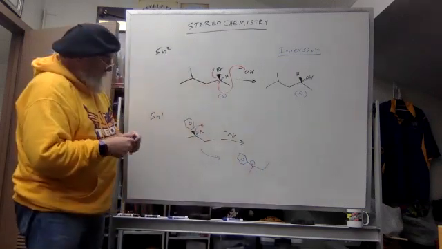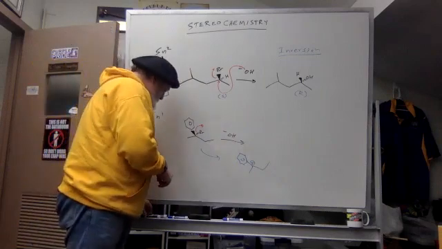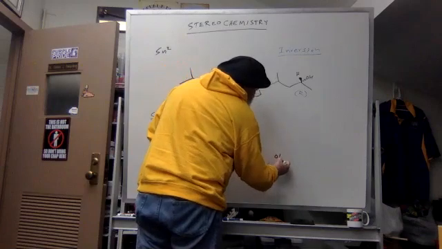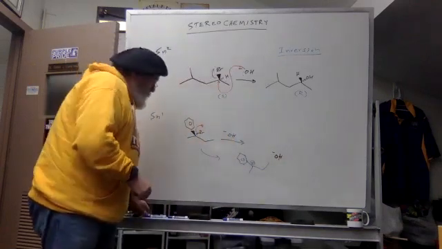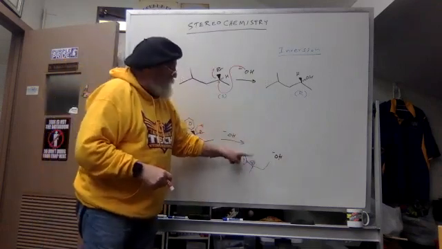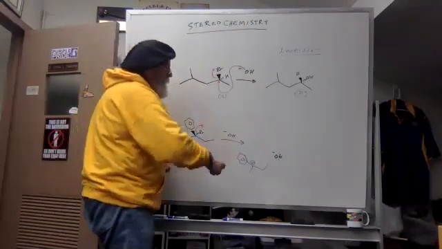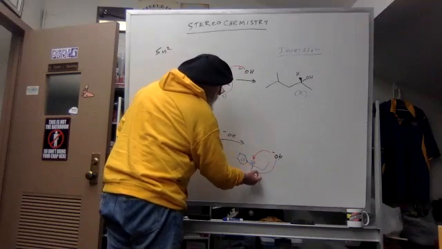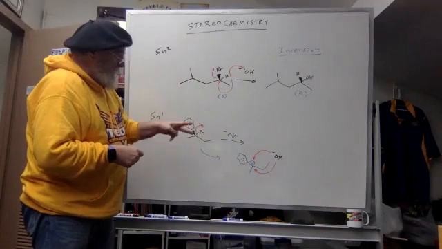The planar carbocation is now attacked by the nucleophile, which is hydroxide. I'll put that in here. But the nucleophile can attack from above or below because this is trigonal planar. There's equal probability of attack from above or below. That's actually going to give us two different products, the R and the S alcohol.